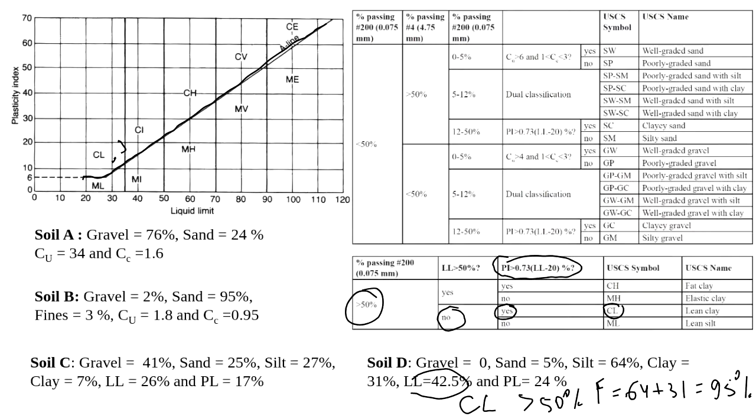Just want to see. So we have 42.5 minus 24, right? So 18.5.